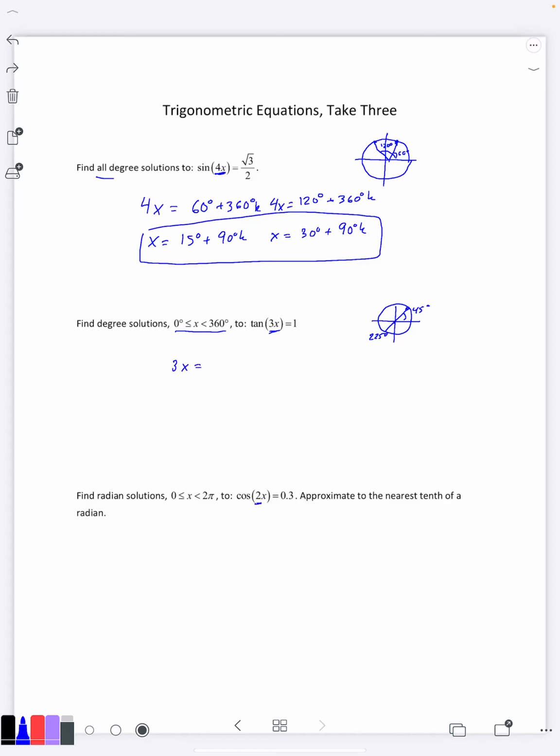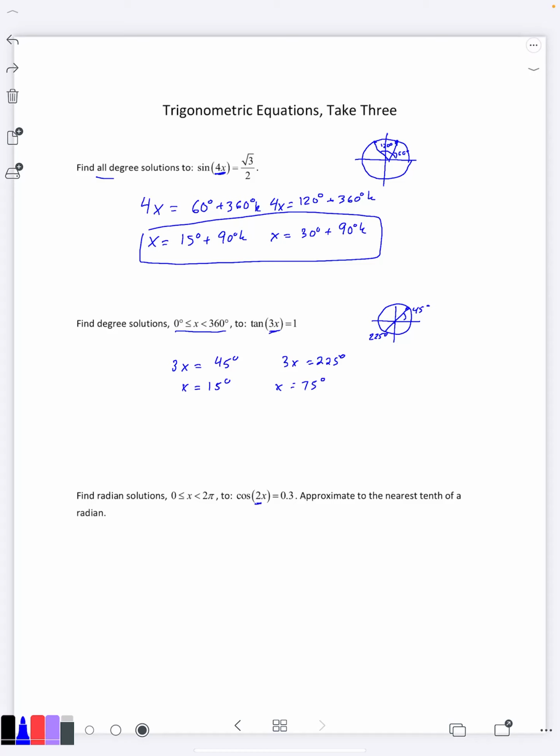So you might say 3x is 45 degrees, or 3x is 225 degrees, and we get 15 degrees, and 3 into here would be 75 degrees. You might say those are our two answers, and it would make sense because there were only two answers on the unit circle.